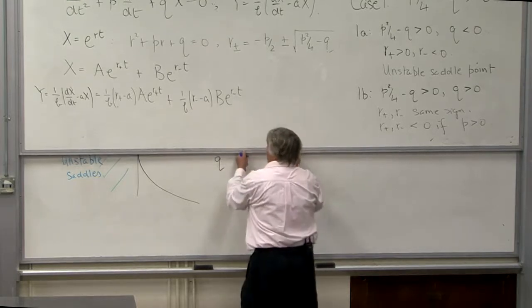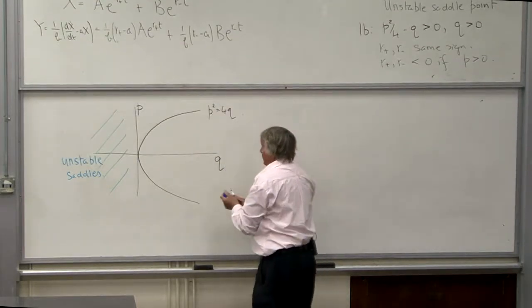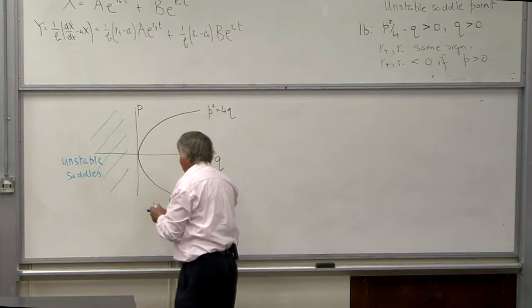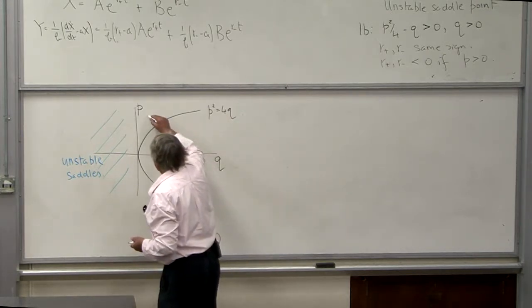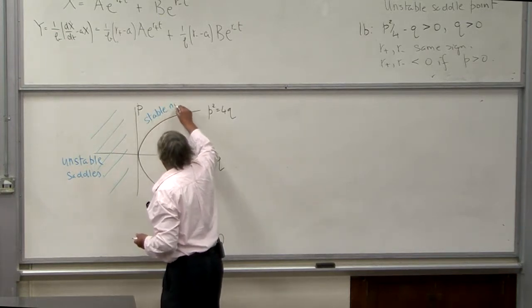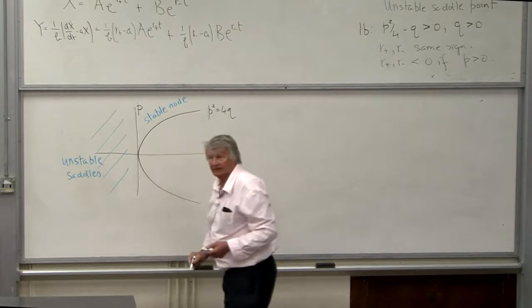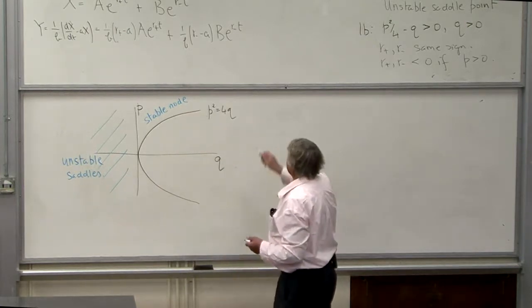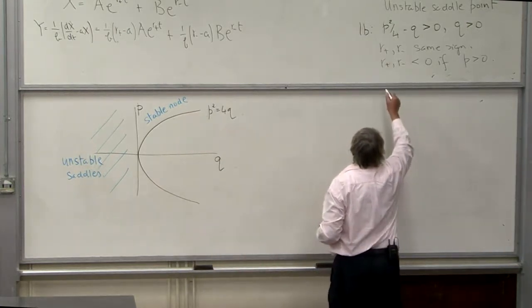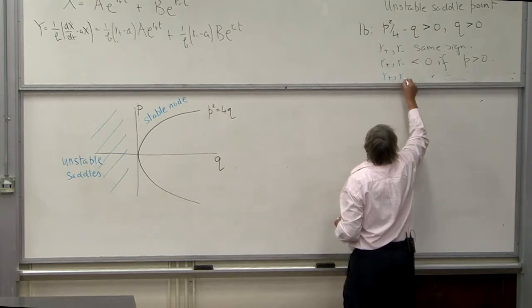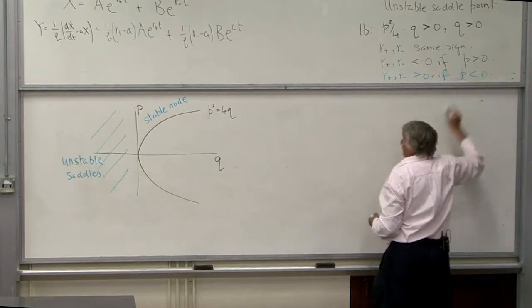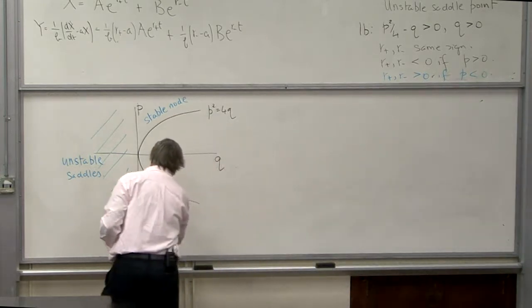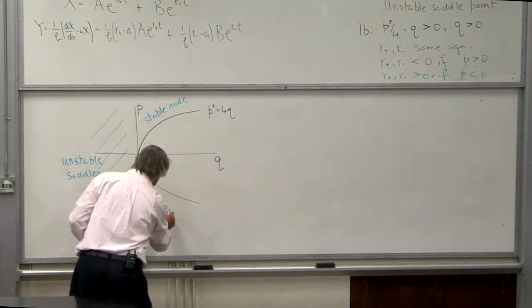So in this part of the plane, where p is now positive, and p squared is greater than 4q, up here you have a stable node. If the p is negative, then both roots are positive. So down here, you have an unstable node.